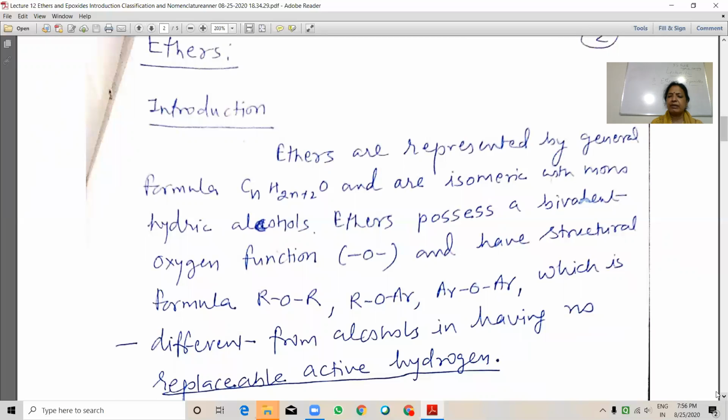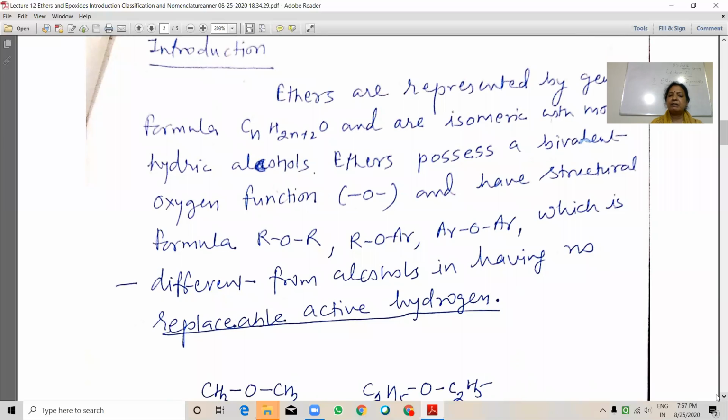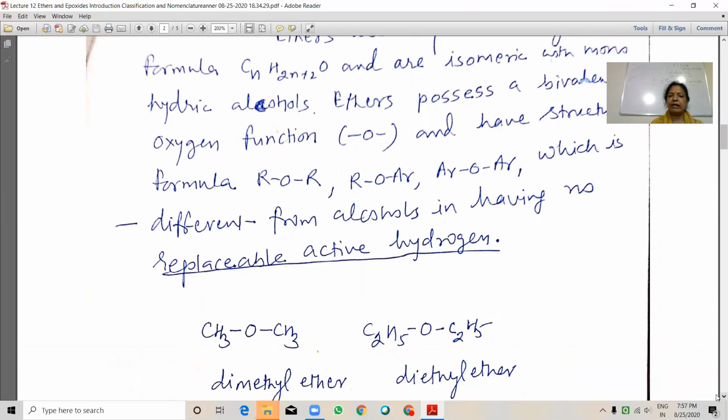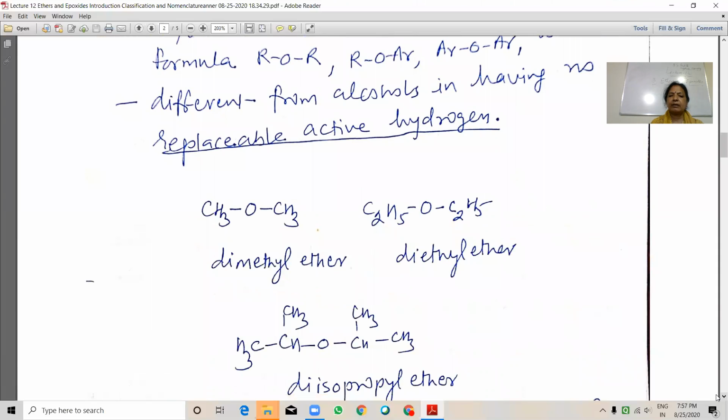It means these ethers do not have replaceable active hydrogen like alcohols. For example, dimethyl ether, diethyl ether, diisopropyl ether.